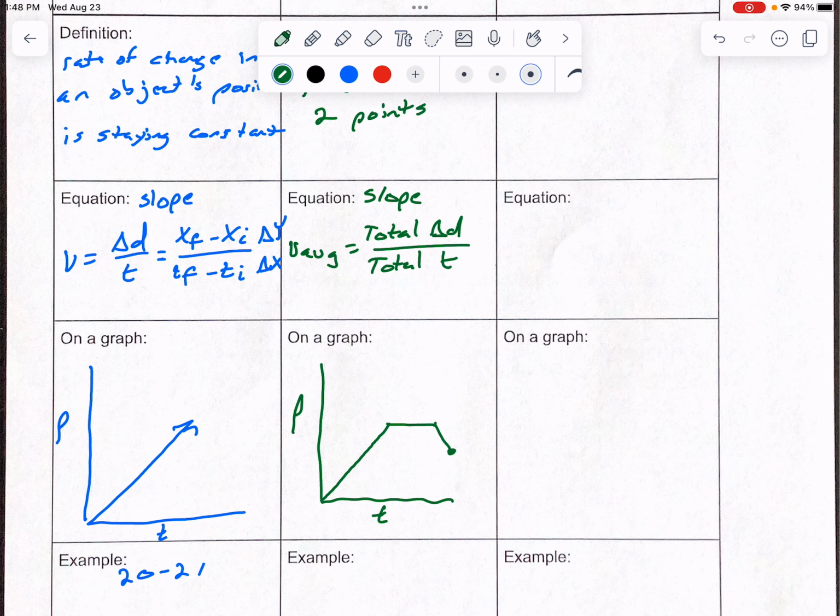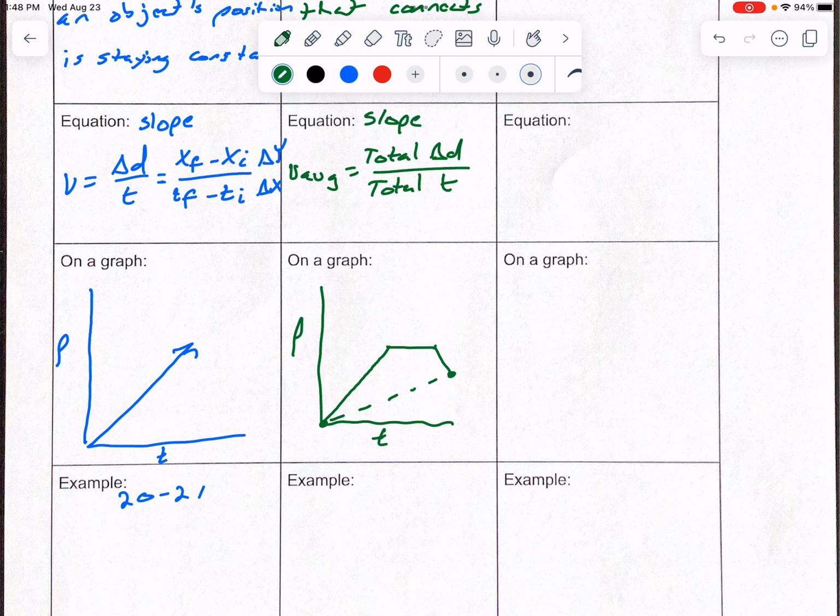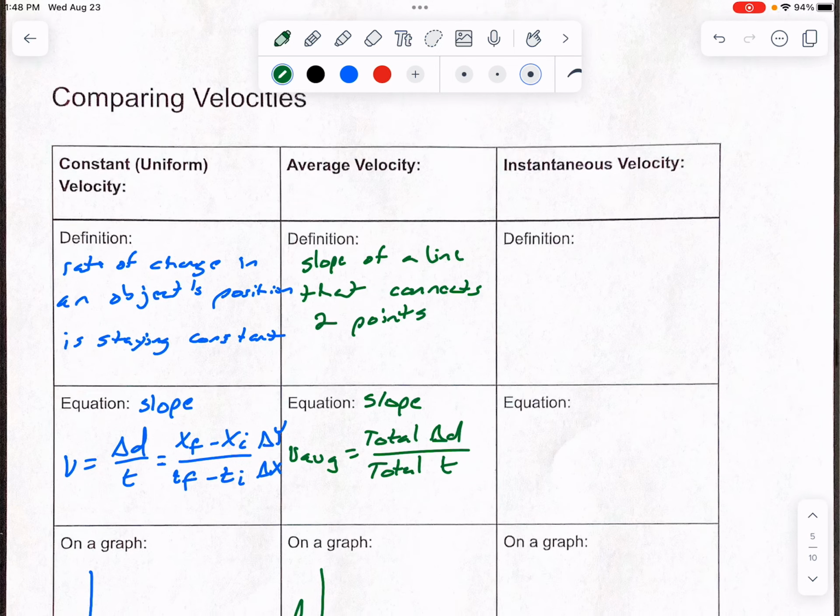If I want to know the average velocity from where you started and where you ended, I would just connect these 2 points and find the slope of that line. And then if you want to look at more examples of that, pages 22 through 26.